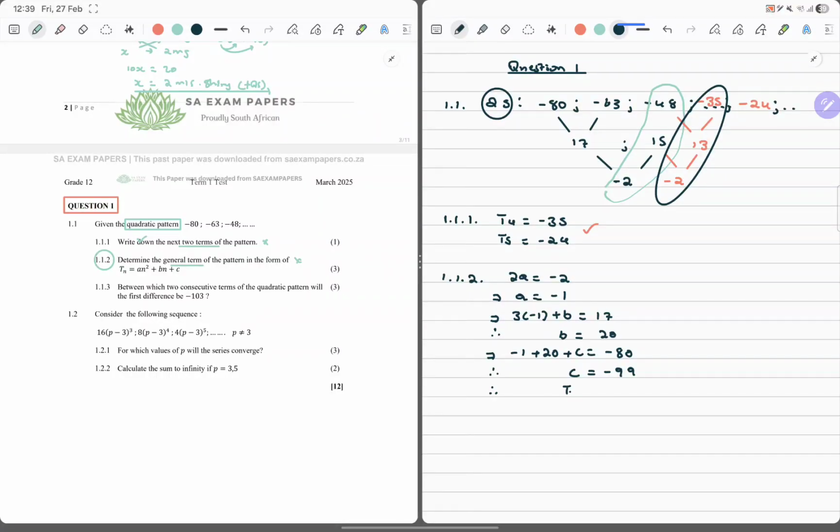So therefore, our T sub n is going to be minus n squared plus 20n minus 99. Great. Very easy.